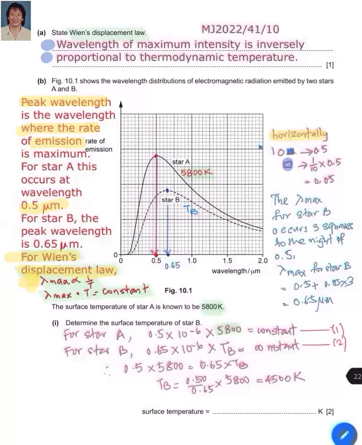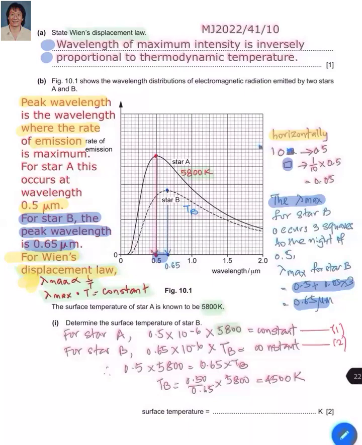Since the lambda max for star B occurs 3 squares to the right of 0.5, you see there are 3 squares here. The lambda max for star B will be 0.5 plus 0.05 times 3, which will give you 0.65 micrometer, which is the same as 650 nanometer. Therefore, for star B, the peak wavelength is 0.65 micrometer.